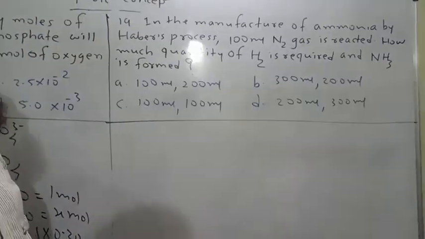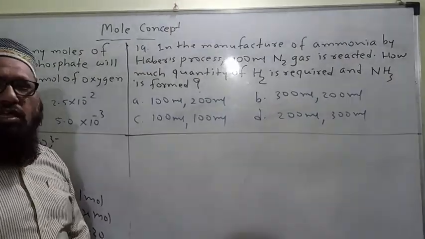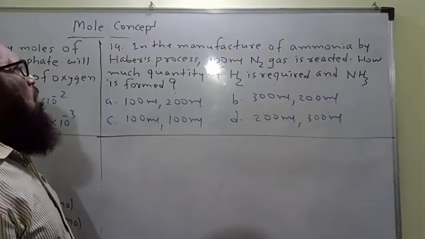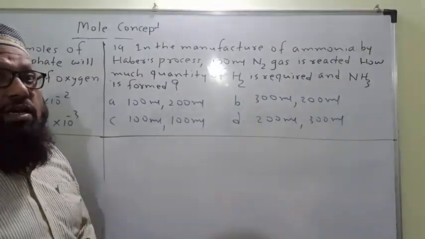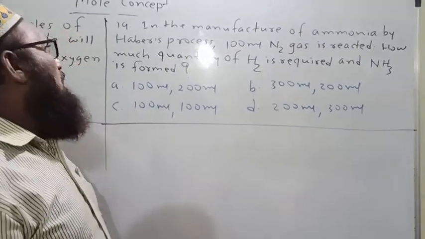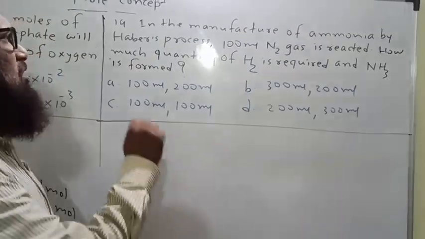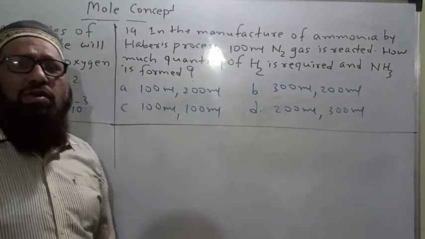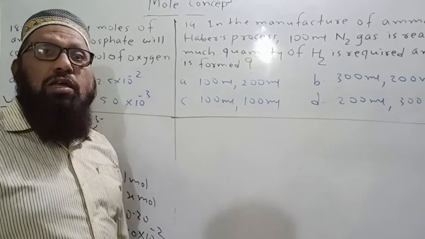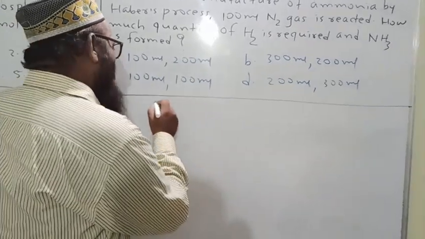Question number 19. In the manufacture of ammonia by Haber's process, 100 ml nitrogen gas is reacted. How much quantity of hydrogen gas is required and how much ammonia is formed? For this, we have to write the balanced chemical equation, and this question is based on Gay-Lussac's law of combining volume.